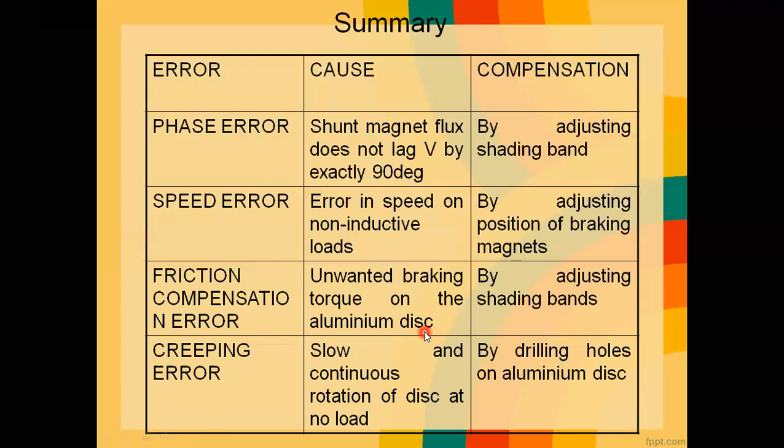Unwanted braking torque means the torque that opposes the deflecting torque. So one thing is friction. Because of friction, it also opposes the movement of the disc. So if you want to compensate it, we have to adjust the shading bands accordingly.